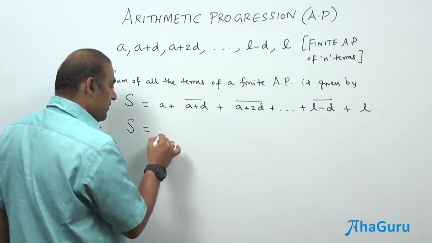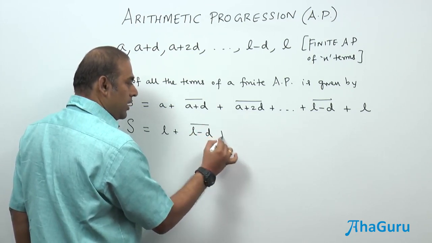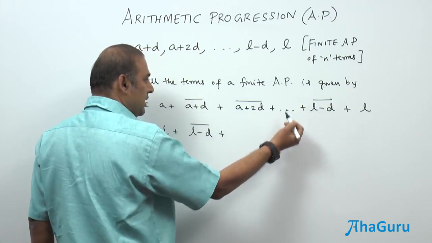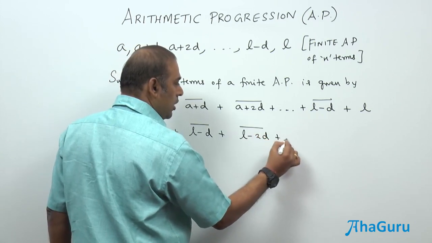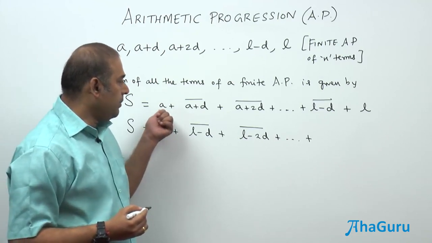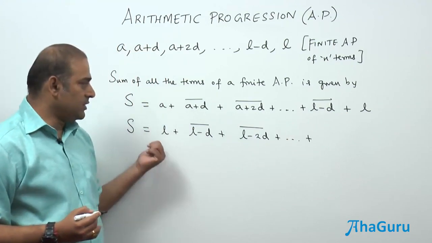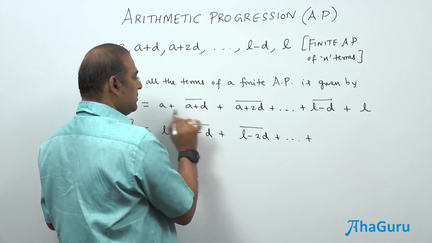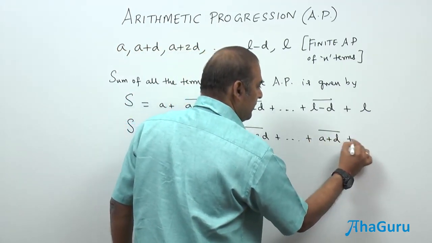Therefore, we have L coming first and then L minus d, and the previous term is going to be d less than this, L minus 2d, and so on. If you keep on decreasing d's, the terms in the front will go back and the terms in the back will come front. Therefore, the last two terms are going to be the first two terms in the reverse order. So, a plus d will come here and a will come here, right.